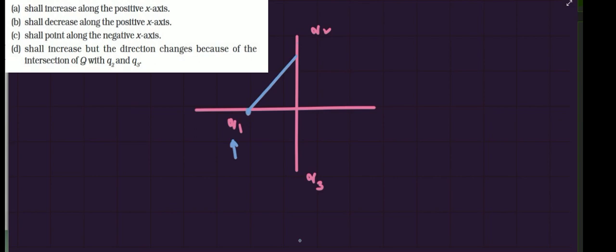Since this is positive, this is positive, and I'm assuming Q1 also to be positive, I will draw one more line which is going to be a repulsion line. All I'm doing now is Coulomb's law in vector format. This is also a repelling line.